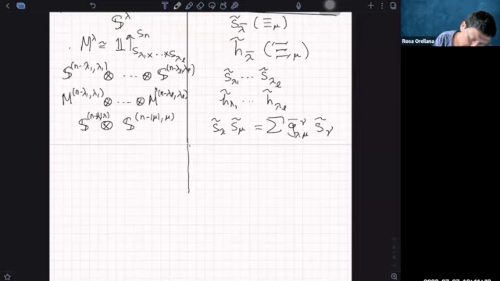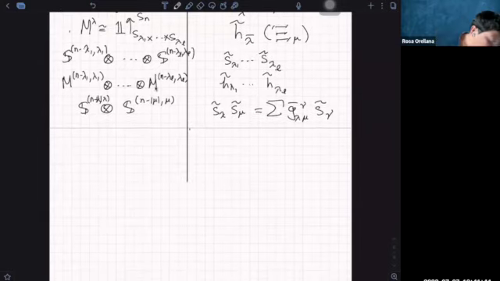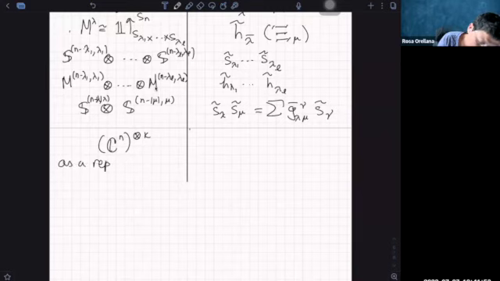And finally, I want to show you C^n tensor K as a representation of S_n and the partition algebra P_k, remember?